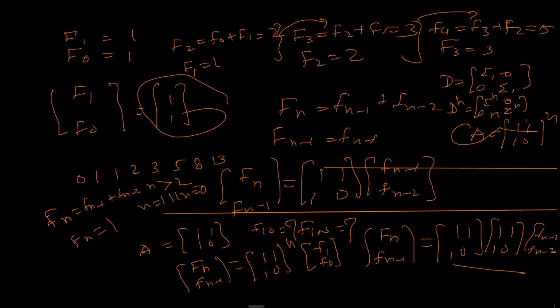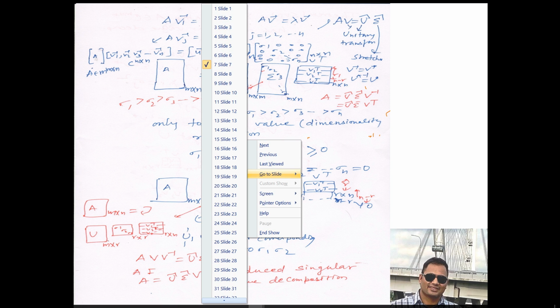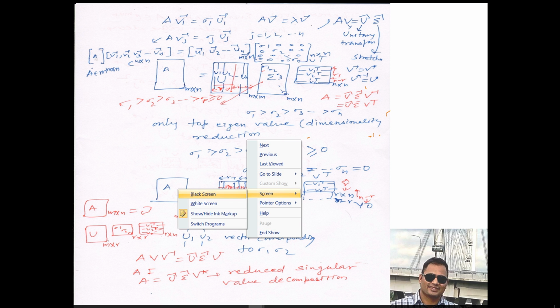As I told, A equal to U sigma V transpose. So can I write A equal to like this, there are two vectors u1 and u2, then you have sigma 1 and sigma 2, then you have v1 and v2. You can write the multiplication of this as the sum over i equal to 1 to n of sigma i ui and vi transpose, when n times you are doing the same thing.